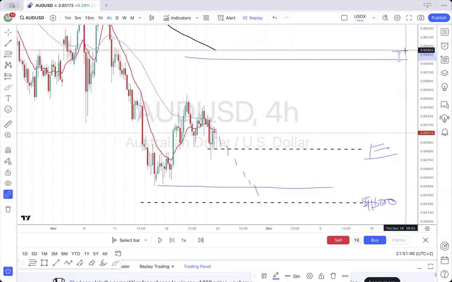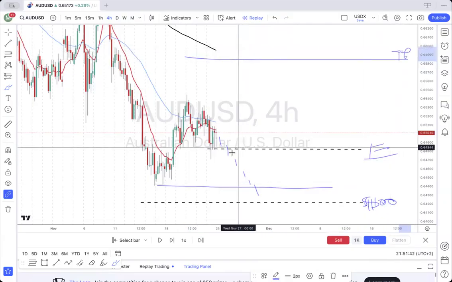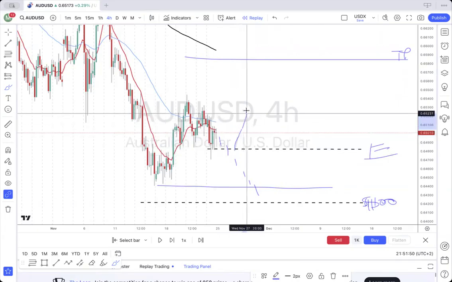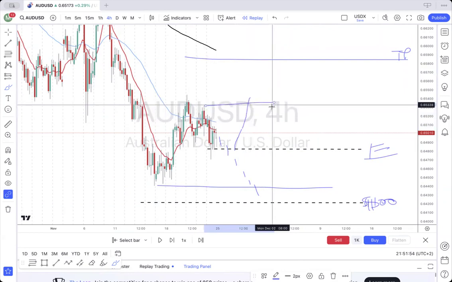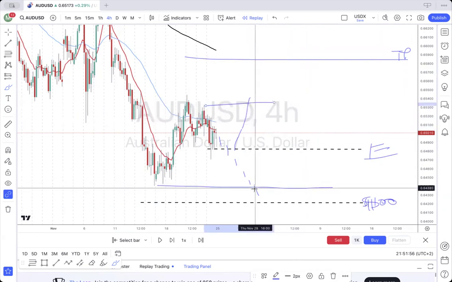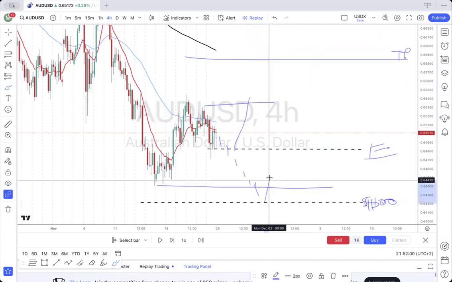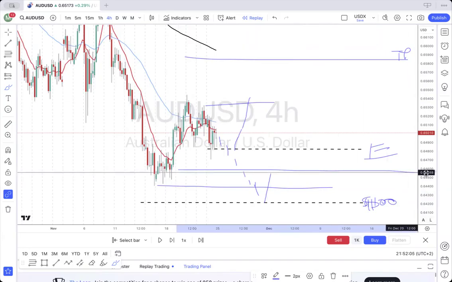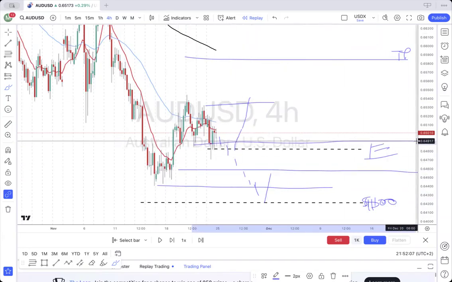Then if price happens to move in my direction, up to maybe there, and it closes above that level, only one candle, then I can shift my stop loss, either halfway or to break even.